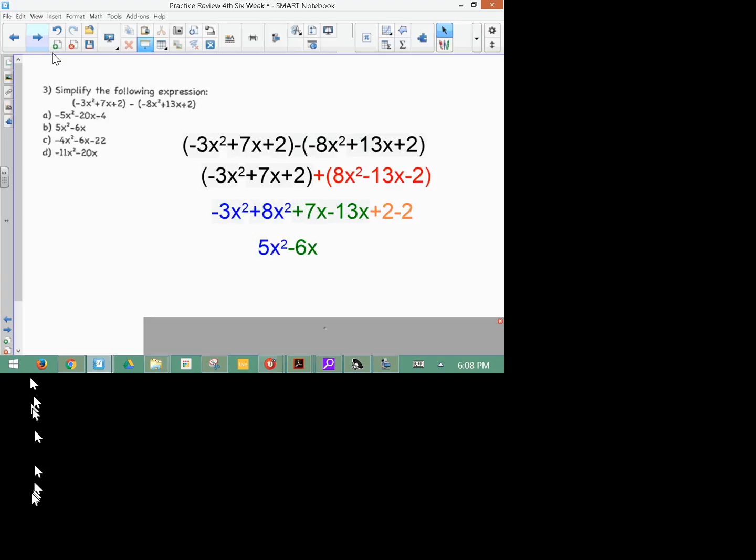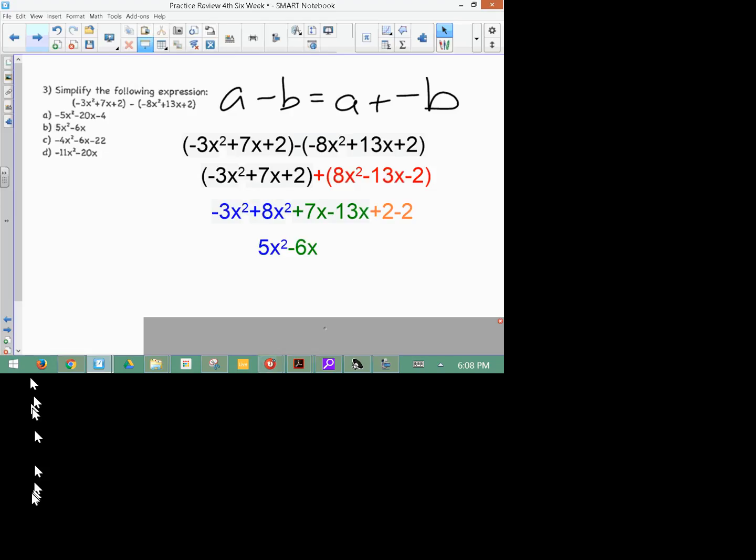Number 3, simplify the following expressions. Remember the rule to subtraction: A minus B is equal to A plus negative B. So the way that you subtract is add the opposite.